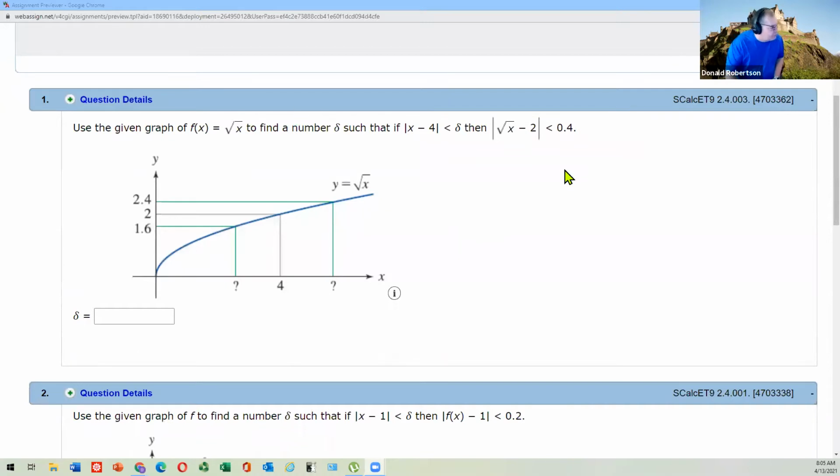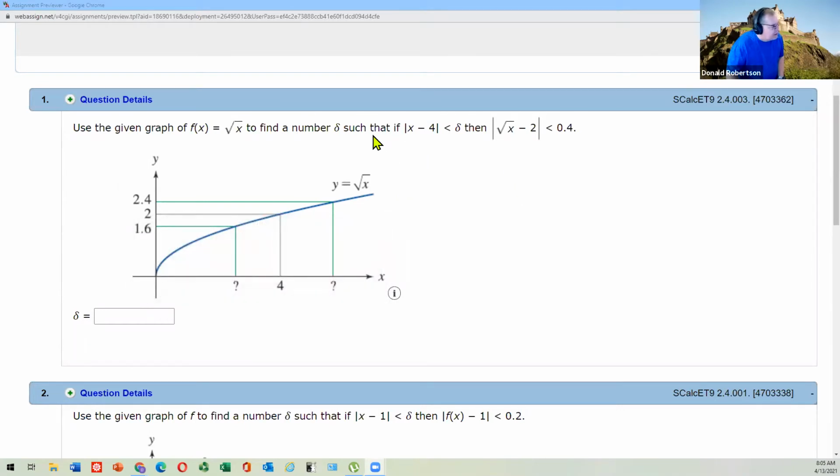What you should be looking at right now is question 1. Is that what you see? Yeah. Right. This picture has basically got all the structure to what the precise definition is. What you're looking at is a function called the square root of x. There it is.